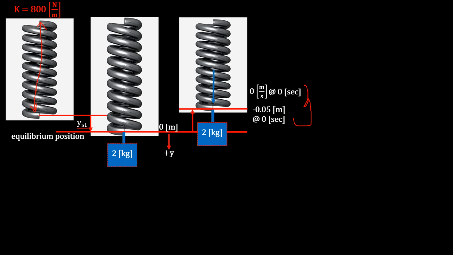As we said, the spring will exert a force opposite to the displacement direction. So the displacement was upward, and the spring will exert a force opposite to that direction to return the spring and mass back to the equilibrium position. All right, first thing we want to analyze the spring and mass at the equilibrium position at 0, so the spring and mass is not moving.